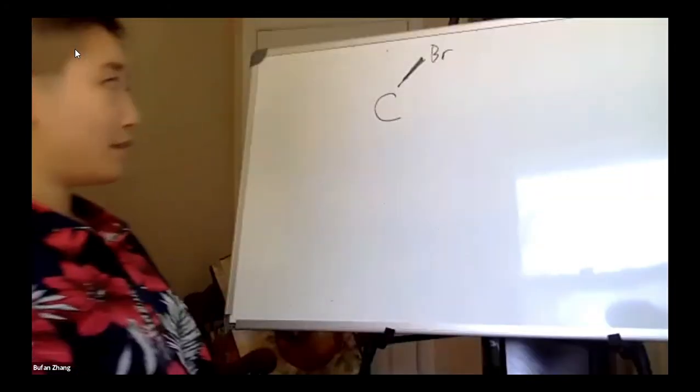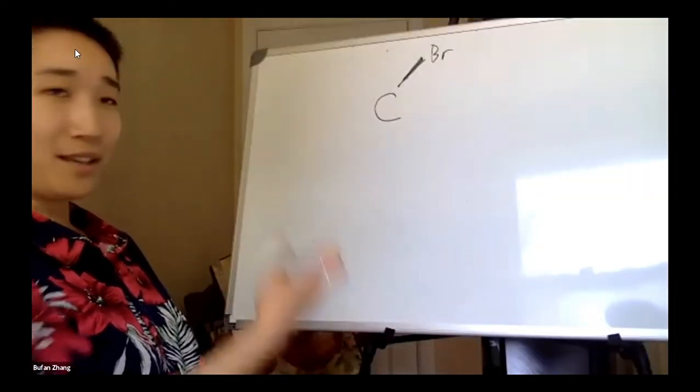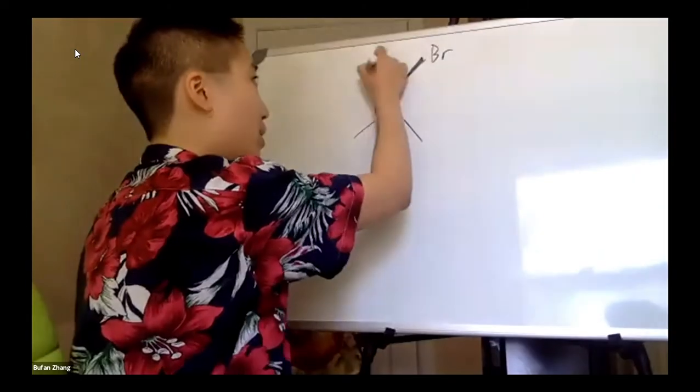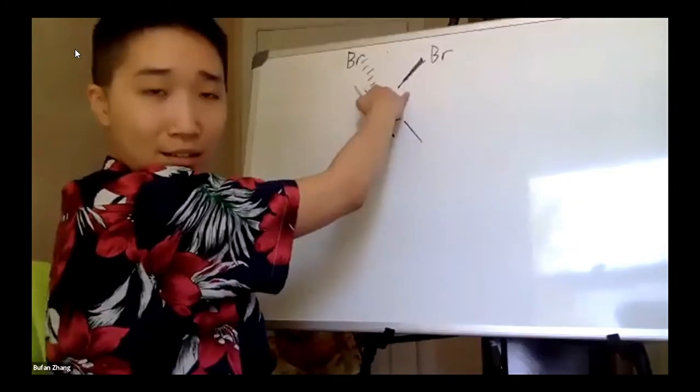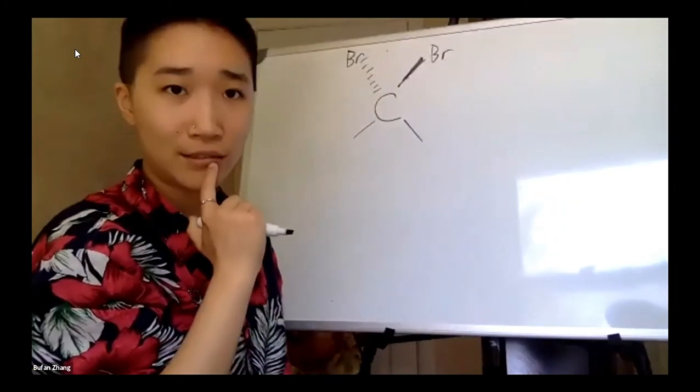Okay, what else do we have on here? Hydrogen, chlorine, and a carbon. Who goes into the board? Into the board is bromine, and then out of the board is chlorine.